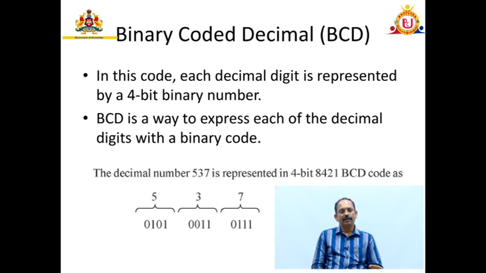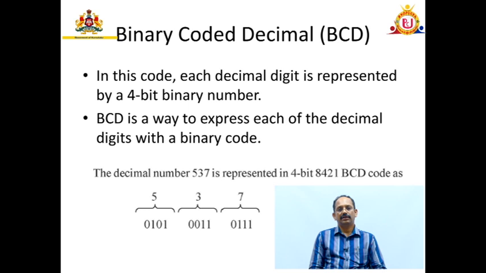So every decimal digit is represented using 4 binary digits in BCD code. As I already mentioned, the BCD code is used to represent the numerical value, and there are 10 different numerical values that can be represented using BCD, and there are 4 bits used to represent the BCD code.